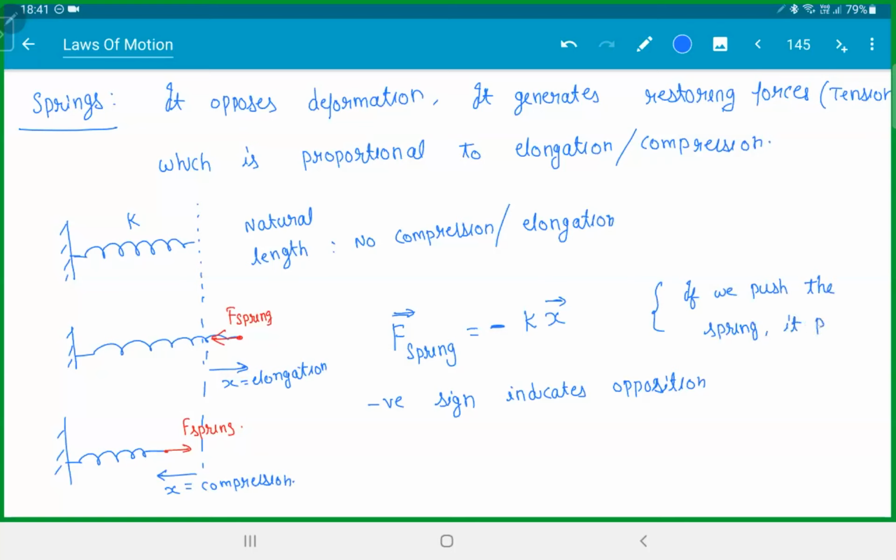So unlike strings, a spring can push and pull. And what does this k tell you? K here, the proportionality constant, is called the spring constant. The physical significance is: the higher the k, the more difficult to deform the spring.